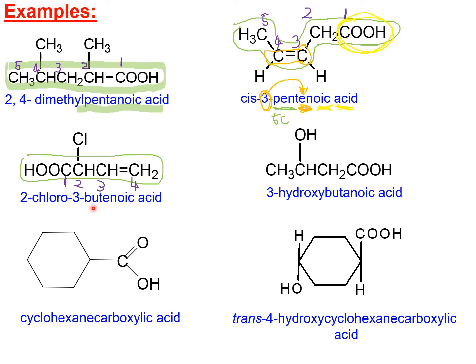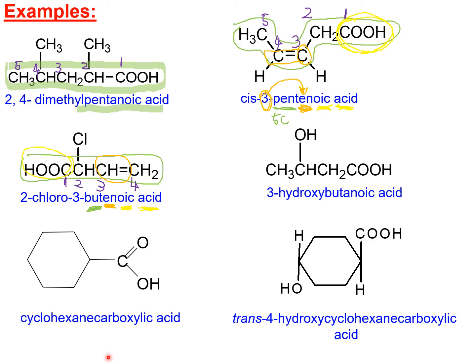Kalau 4 carbon, parent dia namanya but. Disebabkan dekat carbon number 3 ada double bond, functional group alkene, it's gonna be butene.